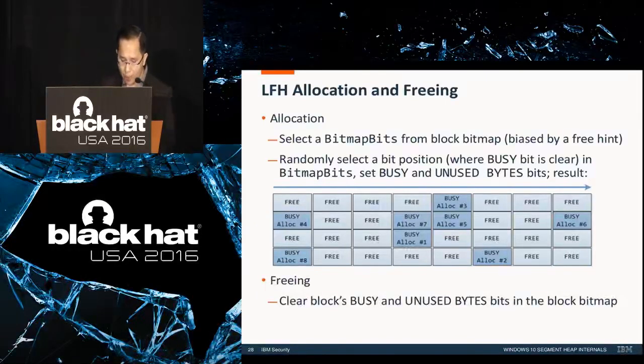The illustration shows an actual result of the allocation randomization, where the first allocated block is here, the second allocated block is here, the third allocated block is here, and so on. For freeing, among other things, the block's busy and unused byte bits in the block bitmap are cleared. This is just a simplified explanation of the LFH allocation and freeing. For a more detailed explanation, please refer to the white paper.